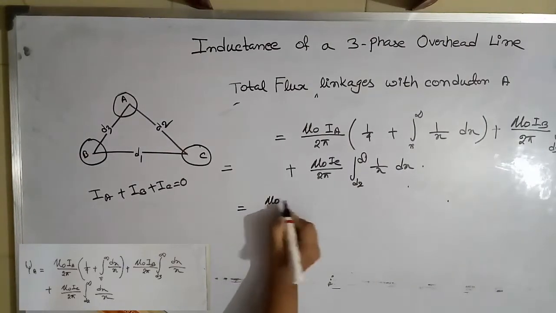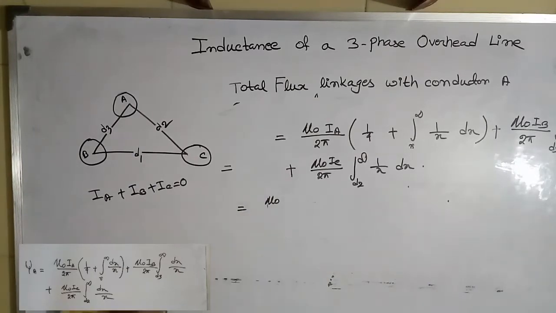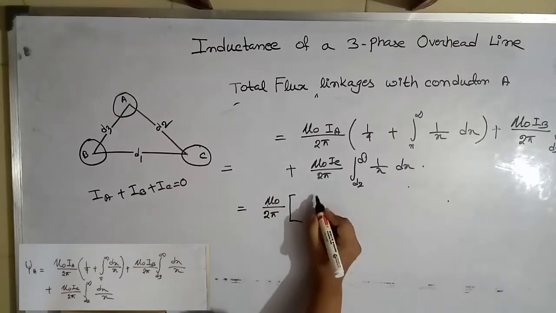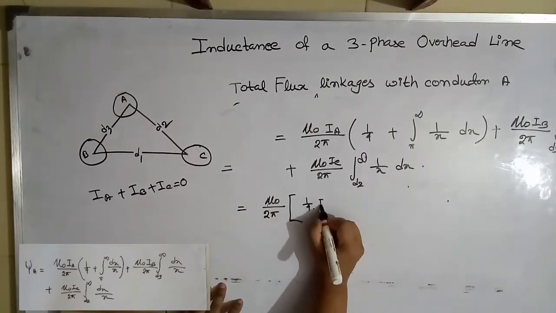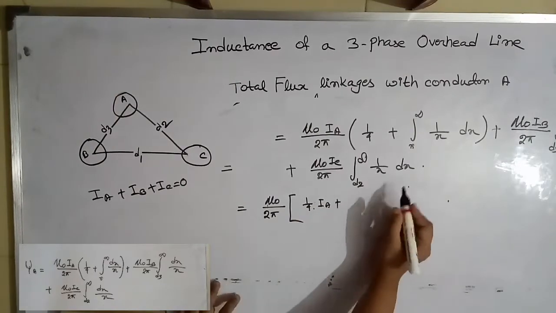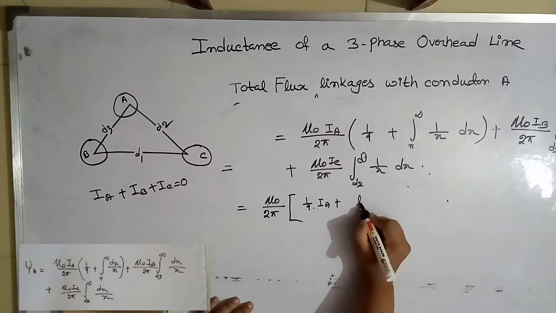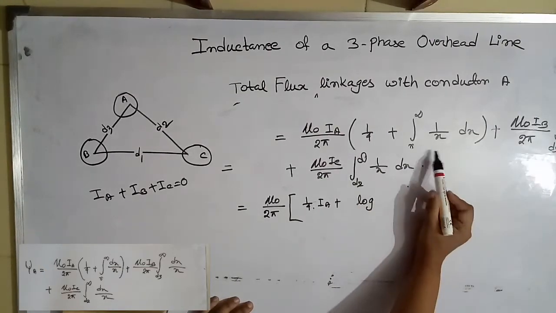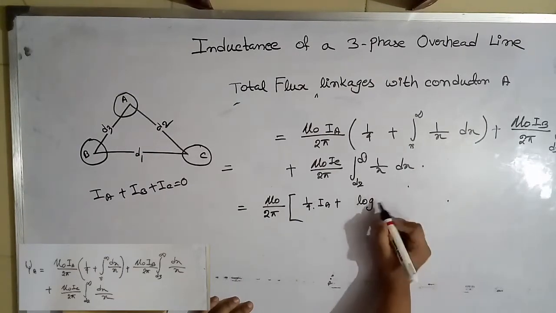Now taking mu 0 by 2 pi common, we get 1 by 4 IA plus, what is the integration of 1 by x dx? It is log x.